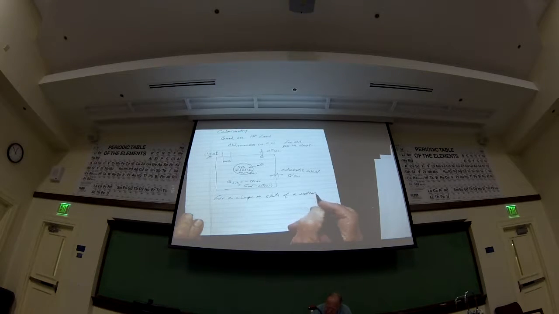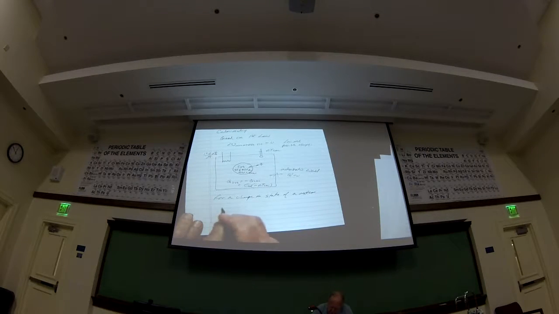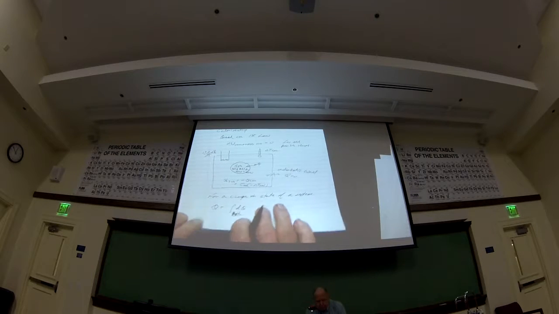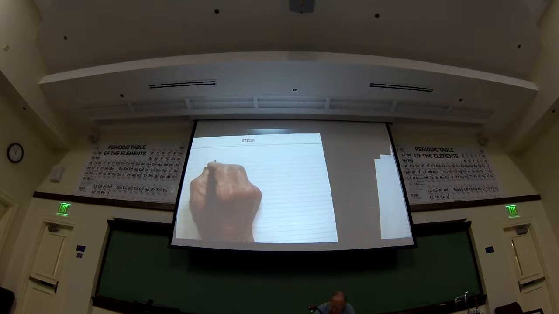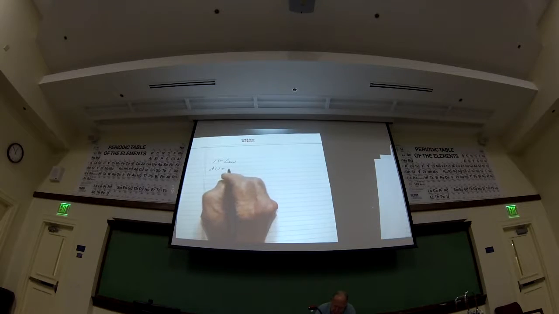Change in state of a system. Q is equal to the integral of dQ. This is what we say for our ideal gases. And the first law: dU is equal to dQ minus P dV.